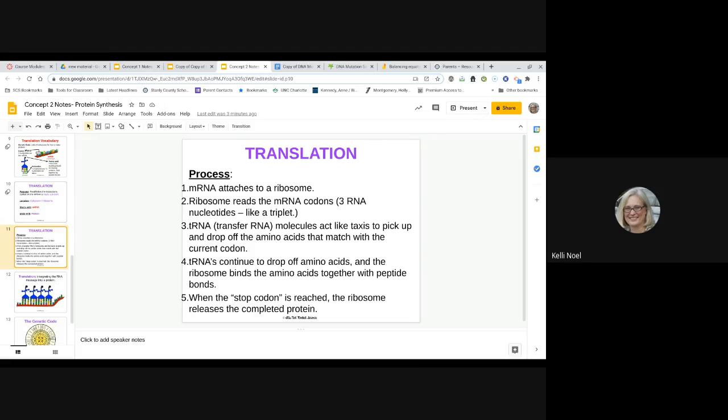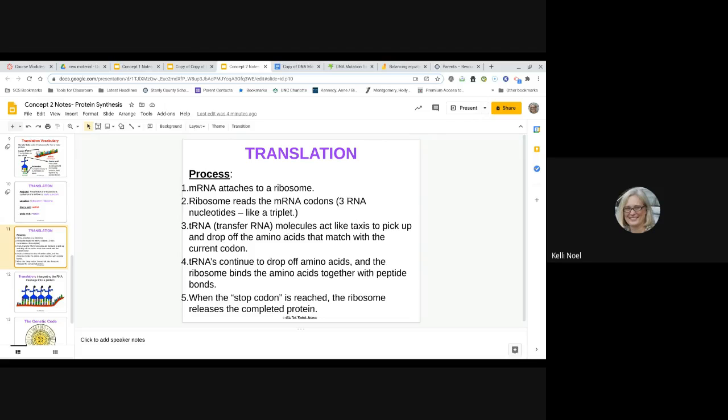The ribosomes bind the amino acids together with peptide bonds. Think of proteins, peptide. Both start with a P. You need to know that those are the bonds that are in protein. 4, the blank is peptide.